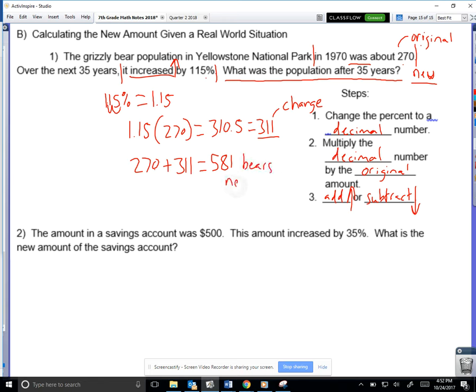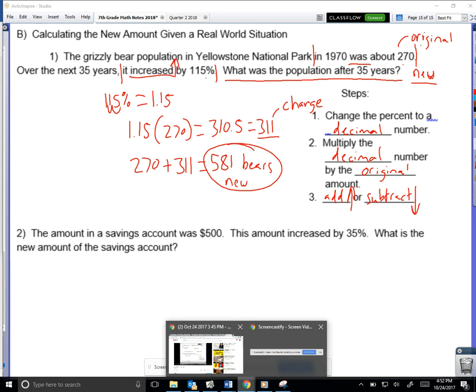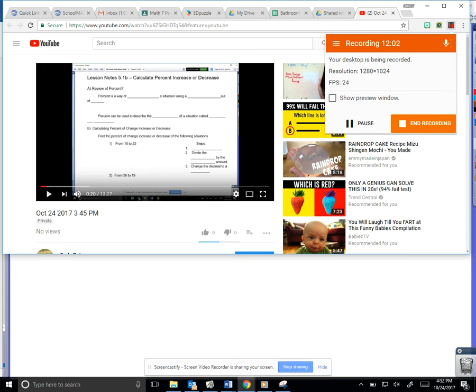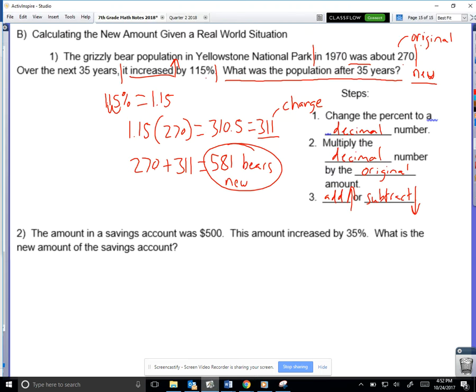That is our new amount right there. Okay, there we go. We got the 581 bears. Let's take a look at the last problem I have for you. We'll work this one out together, and we'll see what we get for an answer.